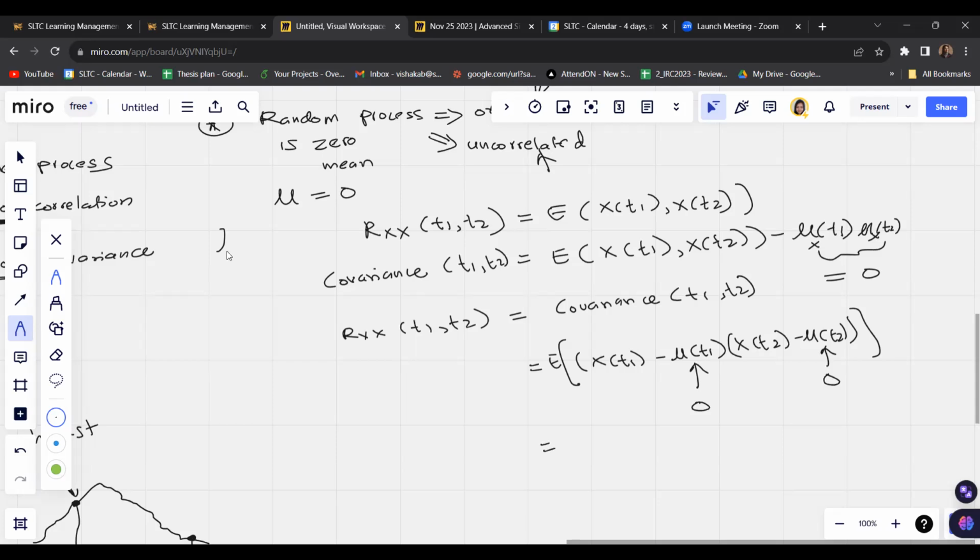If that is 0, the covariance is going to be the product between xt1 and xt2.